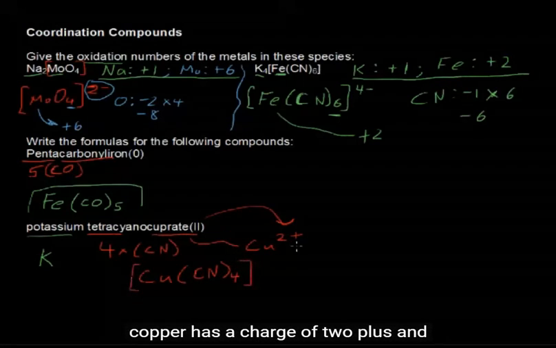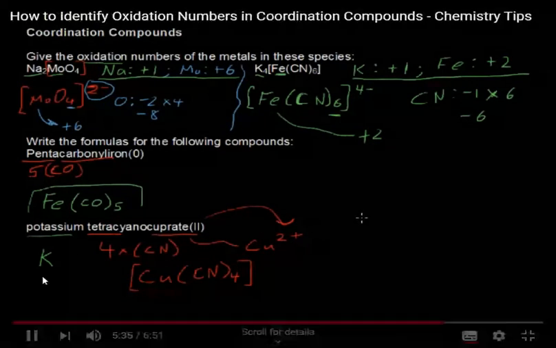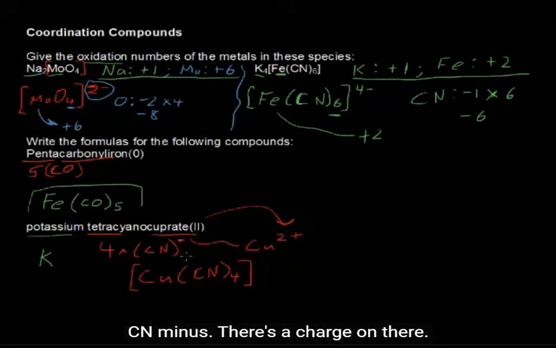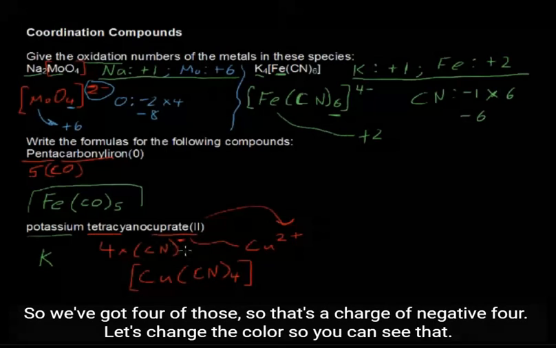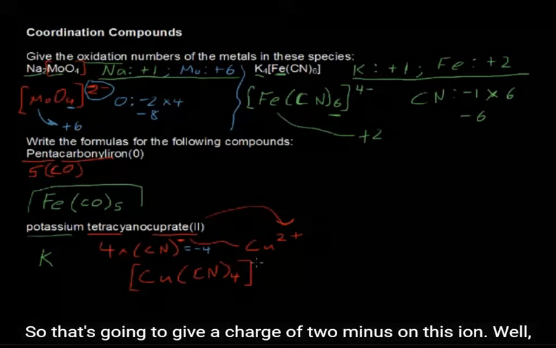Now, copper has a charge of 2 plus, and cyano, it's actually a CN minus. There's a charge on there. So we've got 4 of those. So that's a charge of -4. And we've got a copper, a charge of +2. So that's going to give a charge of 2 minus on this ion.